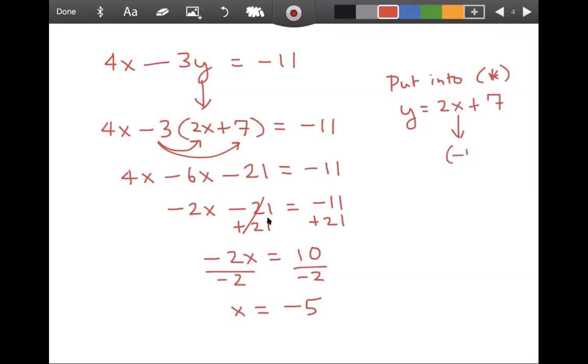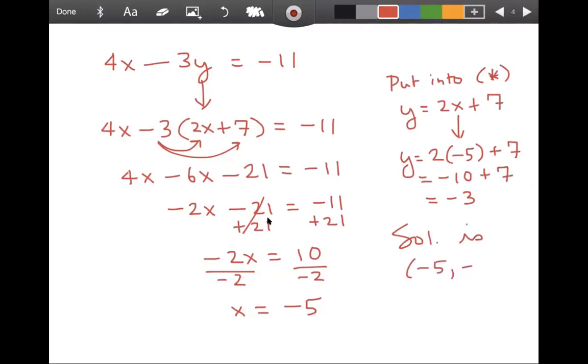When I replace x with -5, I get y equals 2 times -5 plus 7, which is -10 plus 7, which is -3. All right, so x is -5, y is -3. The solution is -5, -3, and of course, that should be checked in both equations.